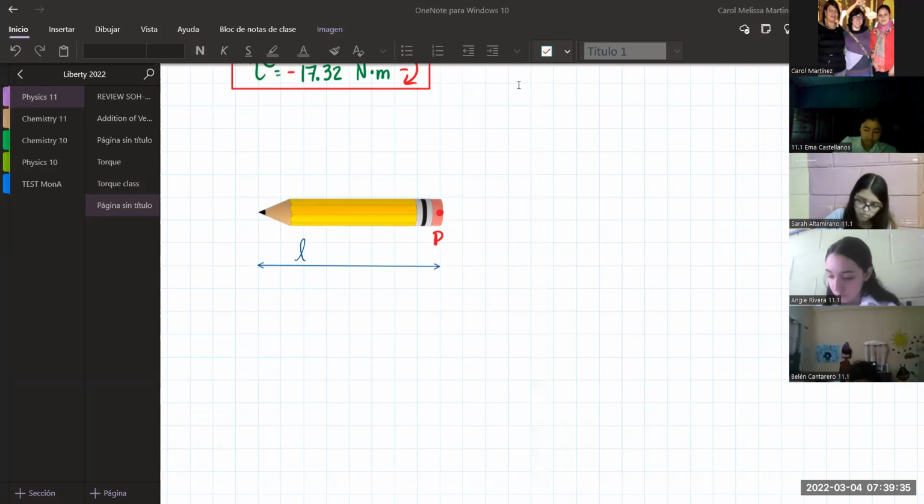And this length is 24 centimeters. I am applying a force that comes in this direction. My principal axis, if you don't have your principal axis, you always draw it, okay? It's good that we always have this reference.